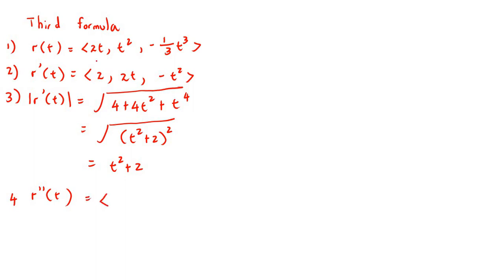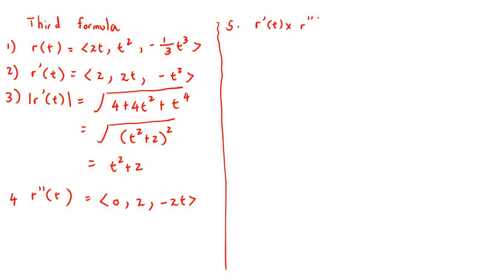The derivative of 2i is 0, the derivative of 2t j is 2, and the derivative of negative t squared k is negative 2t k. Then we need the cross product of R prime t with R double prime t.